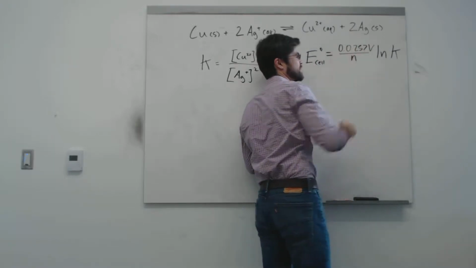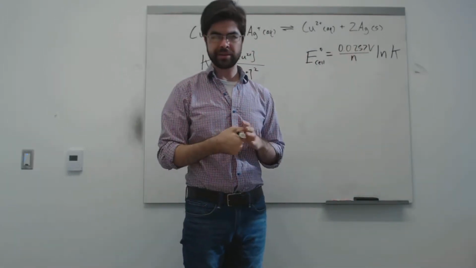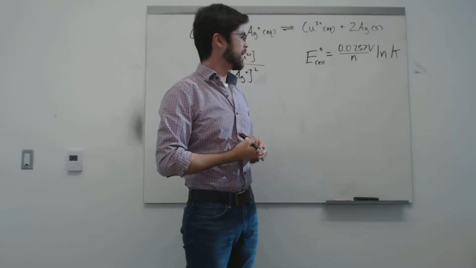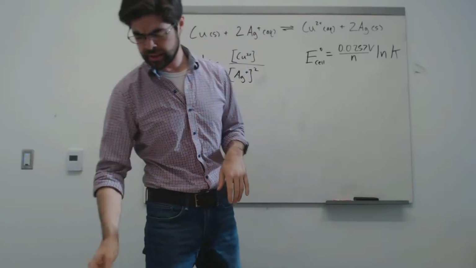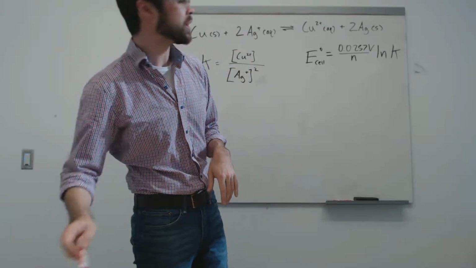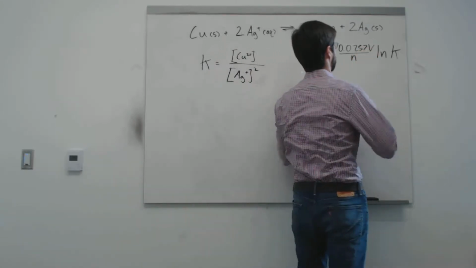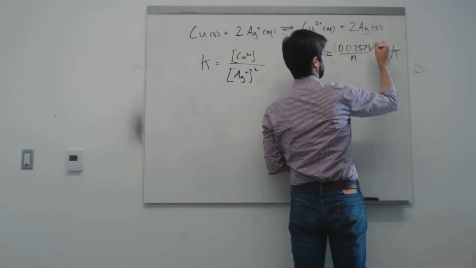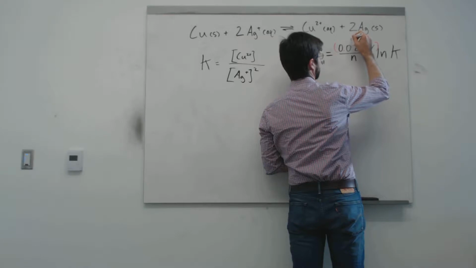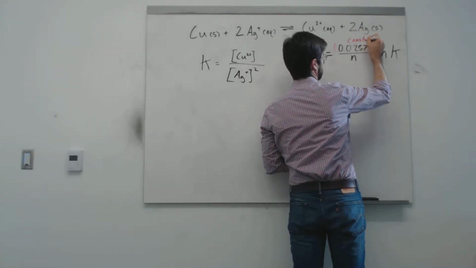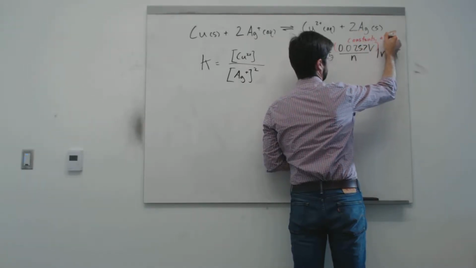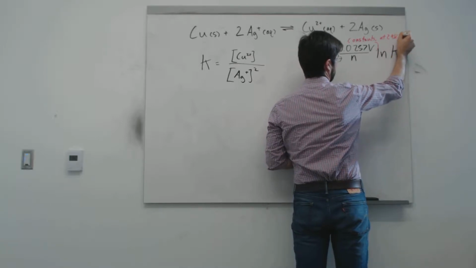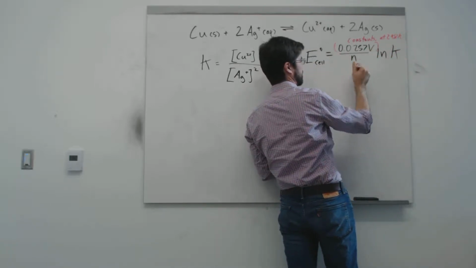So this 0.0257 volts takes into account a couple of fundamental constants, and it's also assuming that this reaction is occurring at 298 Kelvin. That's where these voltages are coming from.